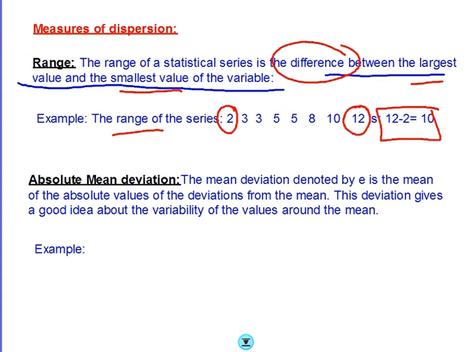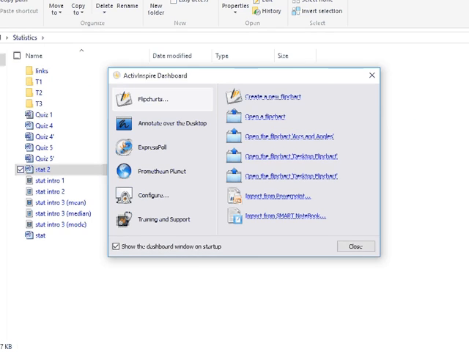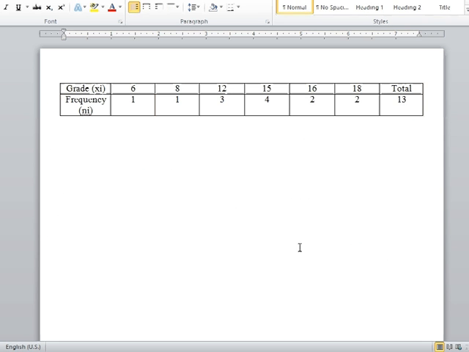In the case where the statistical series is grouped in a table, how can we find the range? Let's take an example here. You look at your variable. My variable here are the grades xi.